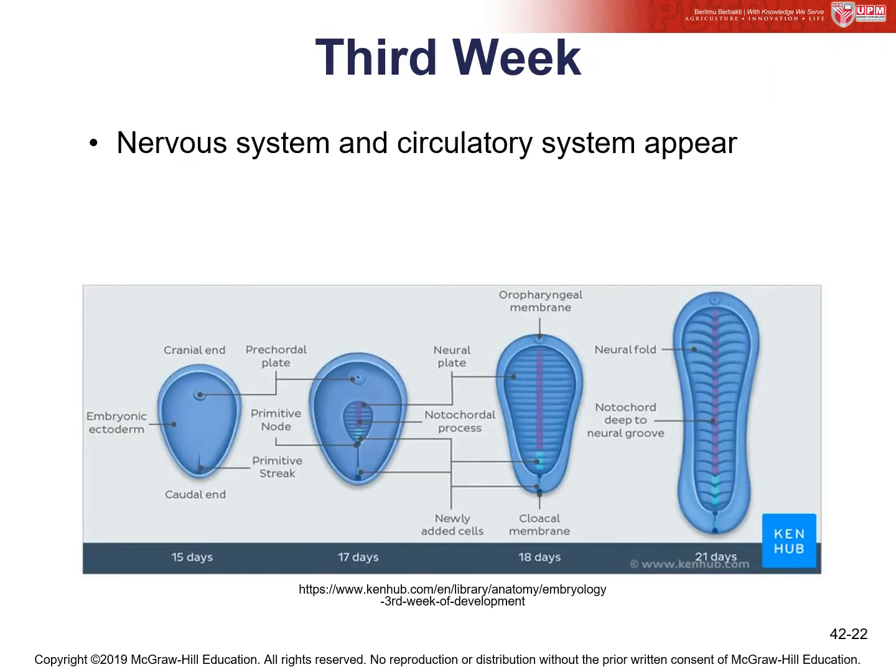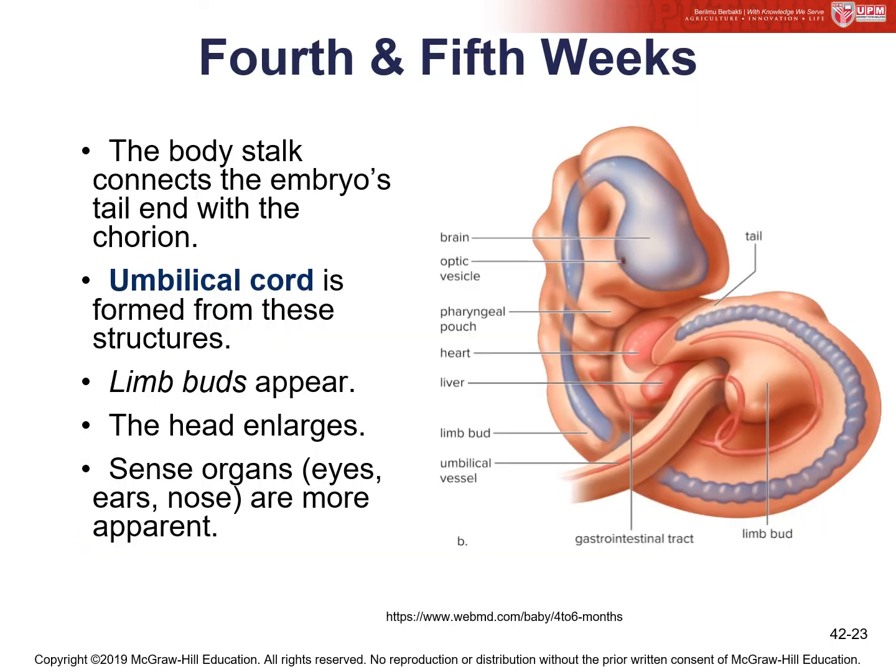In the third week, the process of neurulation happens, and the nervous system and also the circulatory system start to appear. In the fourth and fifth weeks, our body stalk connects the embryo's tail with the chorion for gaseous exchange. And then we start to have the umbilical cord, and we also have limb buds.